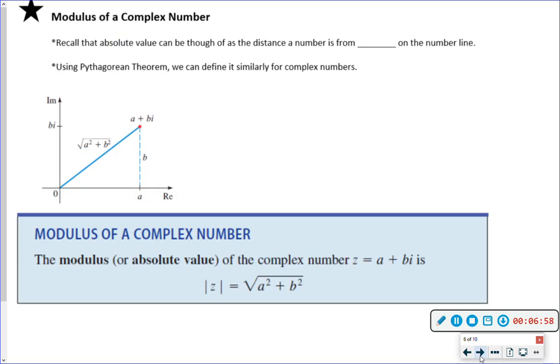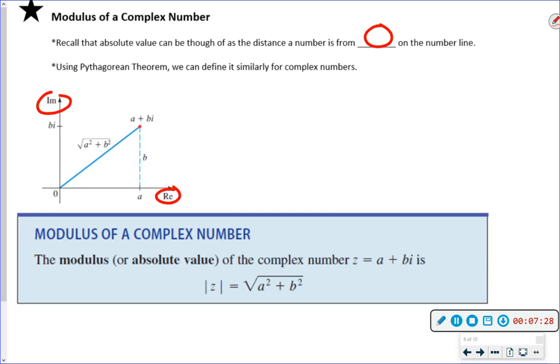Okay. Now, next exciting, fancy vocab word of the day, we're going to talk about the modulus of a complex number. That's the fancy name, really, for the absolute value of a complex number. So I'm going to show you how to calculate that. It involves, get ready, Pythagorean theorem. Recall absolute value can be thought of as the distance a number is from 0 on the number line. Now, for our complex numbers, you have your real and your imaginary.